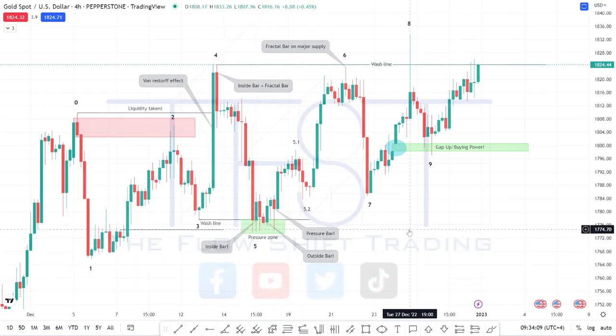And dito, papasok yung price action na diniscuss doon sa fractal flow strategy where you have the relative volatility, the bar interpretation, and yung bar quality. Alright? So, meron tayo ditong series of inside bar, outside bar, and pressure bar still not violating the wash line.